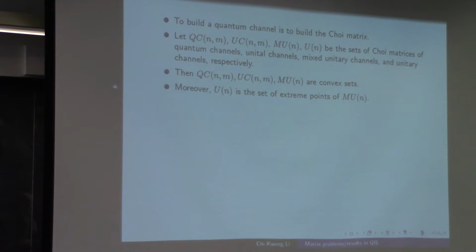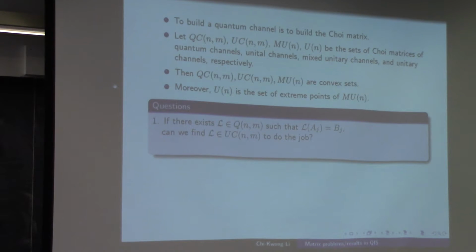Then I can require it to be something, right? So you can actually impose all your requirements on the Choi matrix. And we can ask the question, can I construct a Choi matrix of special form, general form, where it is a unitary channel, or it is a mixed unitary channel, or it is a unitary channel by itself. Okay? Now, once you look at matrices, you can use all the theory about matrices in the convex set, because these three sets are actually convex.